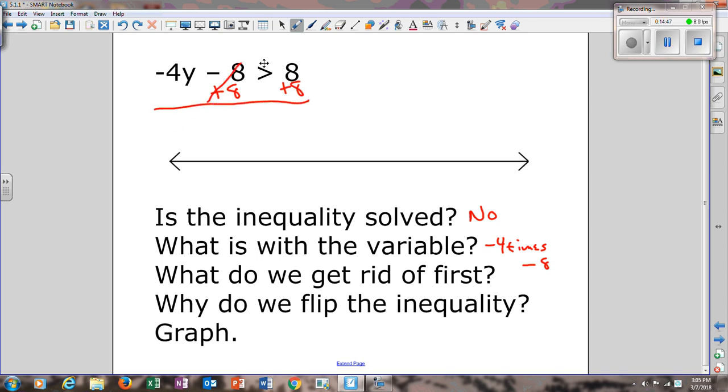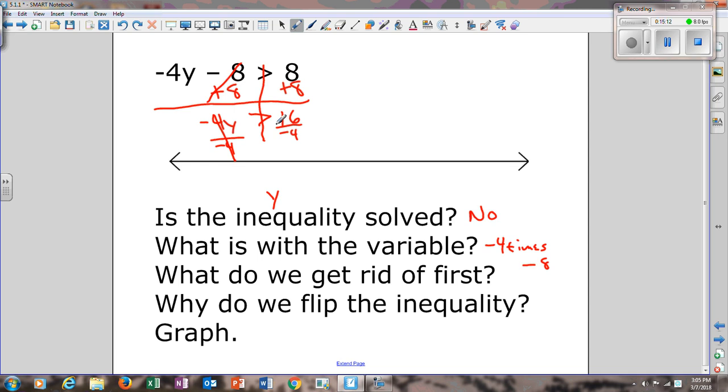Those cancel. Remember, it's got to be on opposite sides. So you get negative 4y is greater than 16. Then we divide by a -4. When you divide by the -4, those cancel.